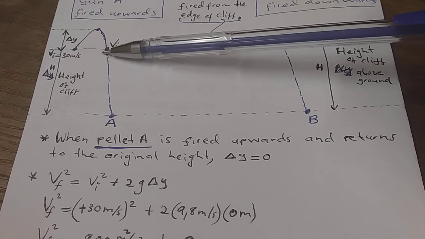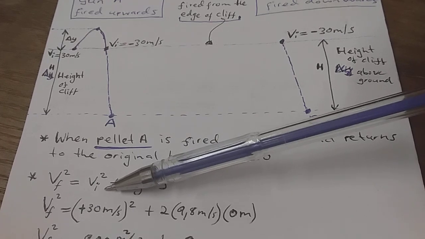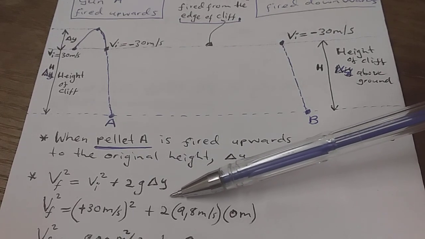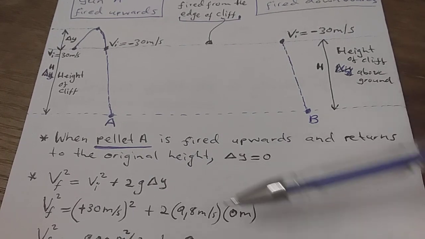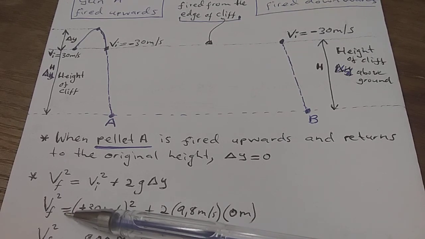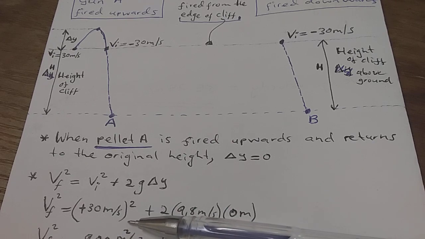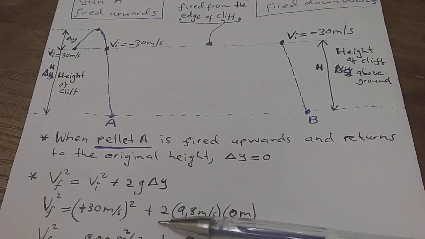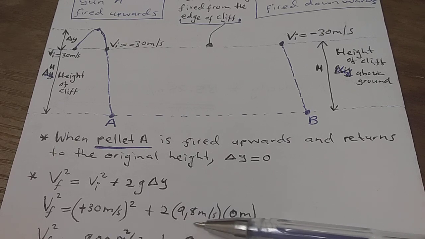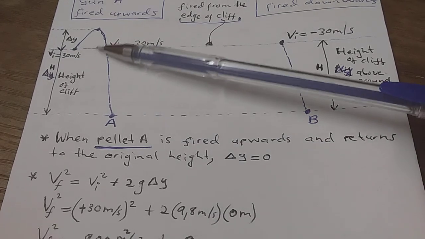Okay, so Vf squared is equal to Vi squared plus 2g multiplied by change in Y, which is the same as saying Vf squared is equal to positive 30 meters per second, squared, plus 2 multiplied by the acceleration due to gravity along the path of going upwards. It's positive.